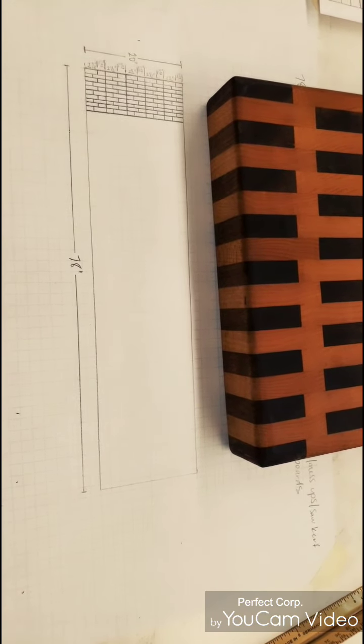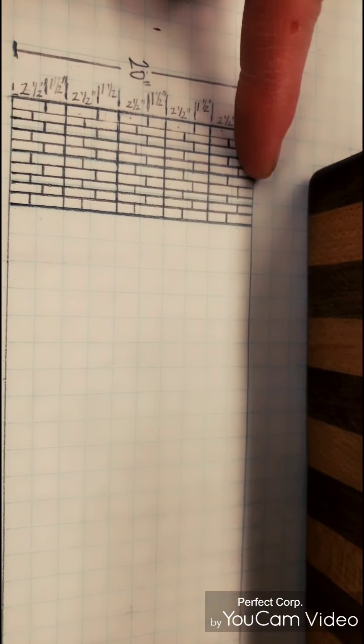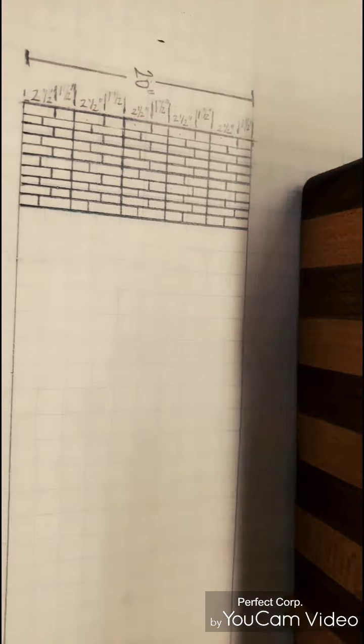But what I did was I drew this out to scale to make sure that I liked the design. So I did alternating 2.5 and 1.5 inch pieces there. And essentially these are the same pieces in each row. I would just flip it each time I wanted to make a new row.